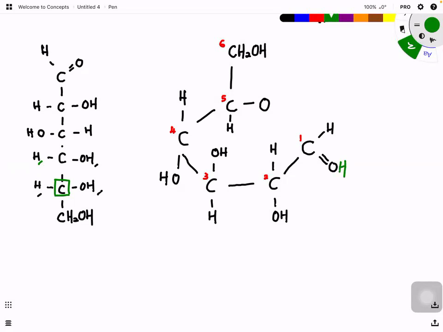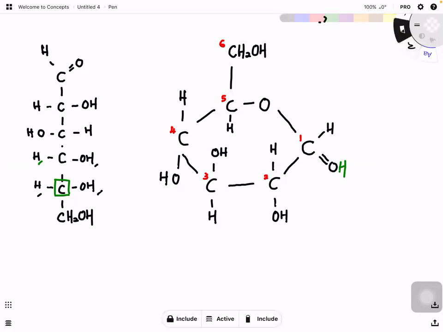Now it's not stable anymore because oxygens have to form 2 bonds. So one with carbon number 5, and another one has to join to carbon number 1. So that's why we always say that to form the ring, you join carbon number 1 with the oxygen atom of carbon number 5. But you can see carbon number 1 has 5 bonds, which cannot be because carbon only has 4 bonds. So we remove 1 here.